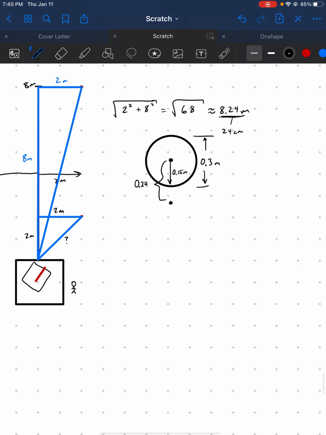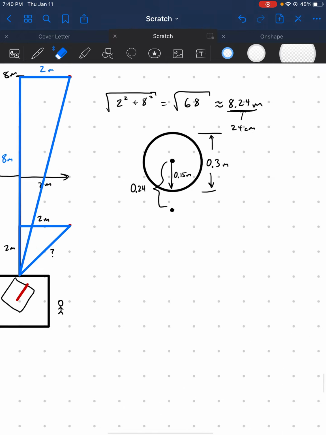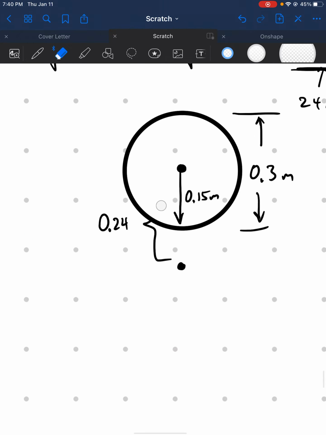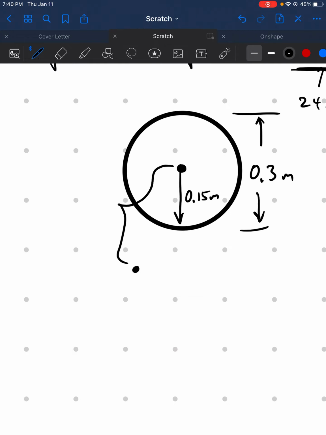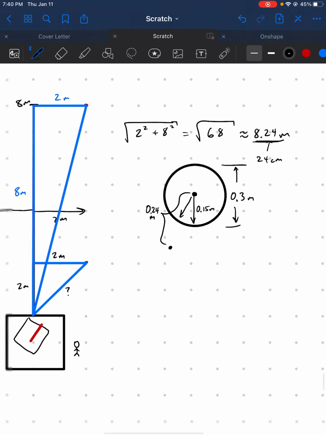Right. So if we're really drawing this correctly here, the whole point of this is you would have missed it over here, because this distance is also 0.15.